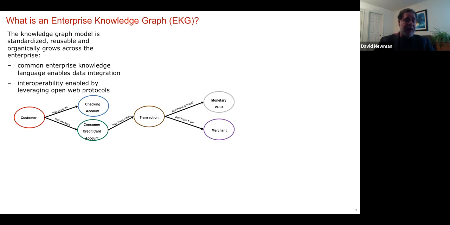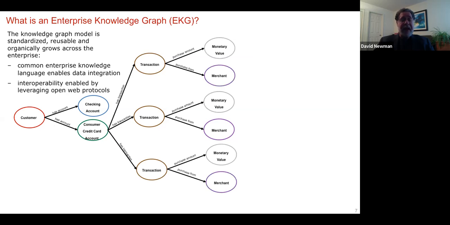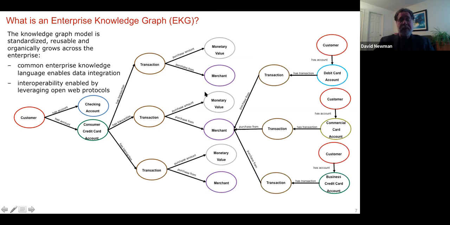So let's take the model we described a little bit earlier, and we can now introduce data to that model where we can execute new transactions for, in this case, a customer has a consumer credit card account where there are one-to-many transactions that all fan out to the same standardized description of data that reflects transactions, monetary values associated with merchants, and this fan out can further occur.